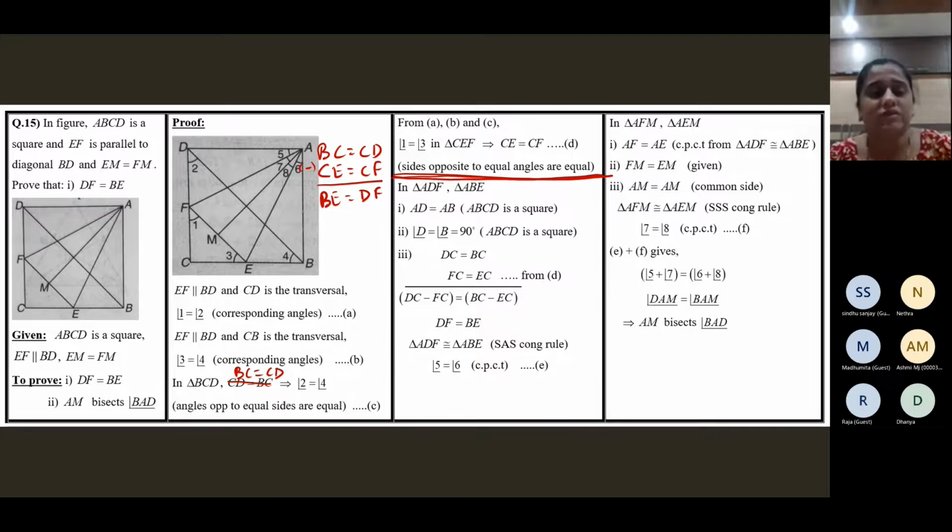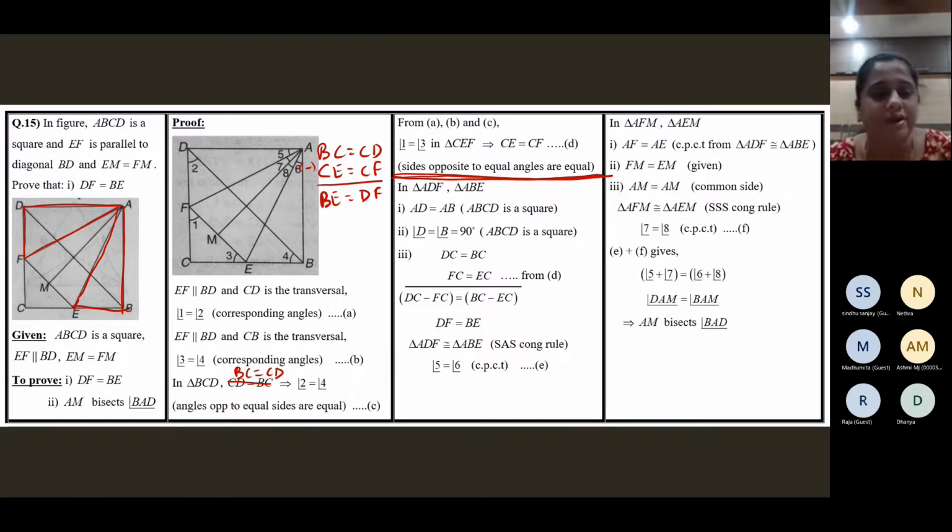So for that, I'll just tell you how the proof goes and then I'll check it. We have to take up this triangle and this triangle and show that they are congruent, children. Let's do this one first.